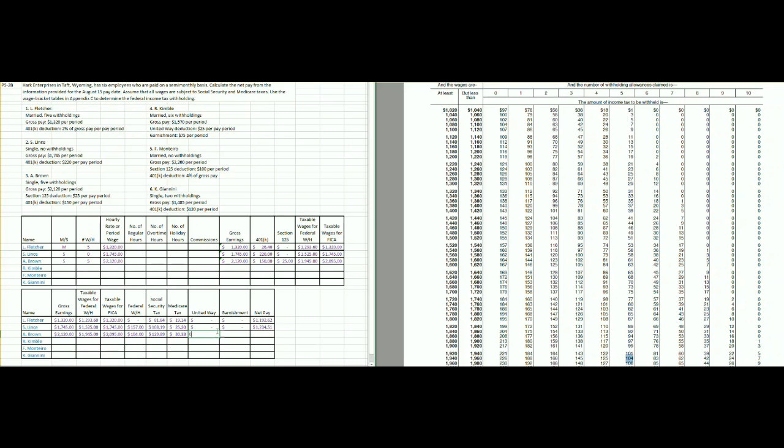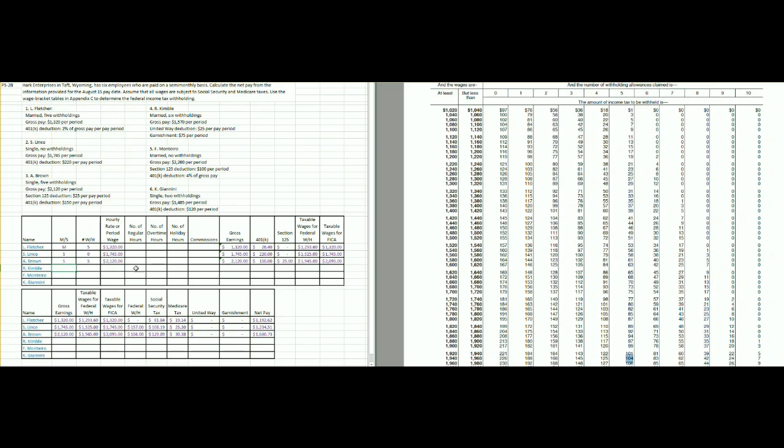There's no information about United Way or a garnishment, so our net pay will be our gross minus our federal, minus our Social Security, minus our Medicare, minus our 401k, minus our 125 plan, for a total net pay of $1,680.73.